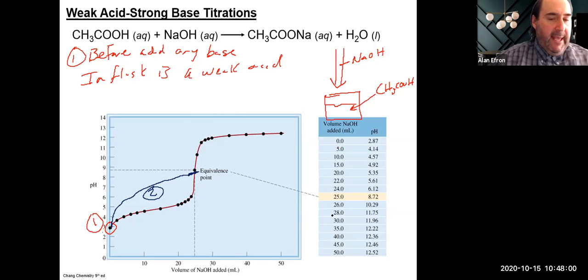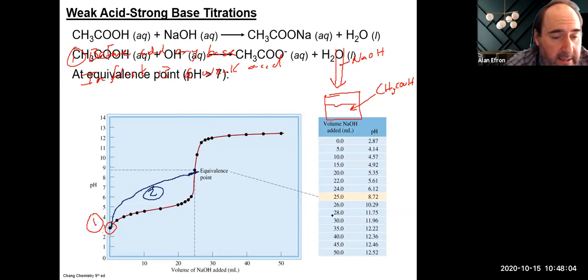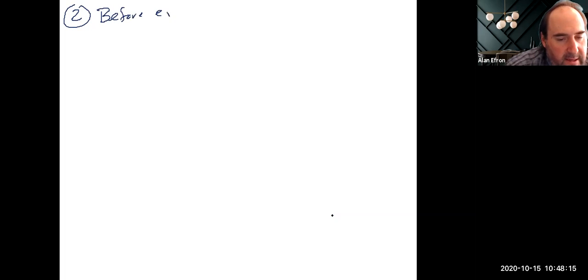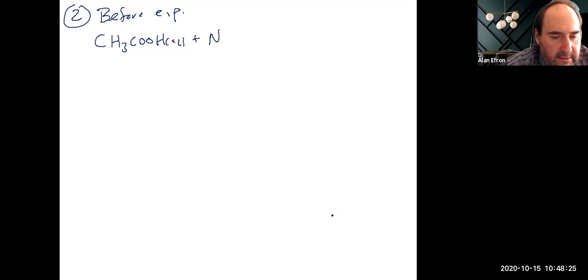So it is going to require you to do a calculation. At step number 2 in this type of titration, which is before the equivalence point, it again is going to require an ICE table. So if we look at our ICE table for this example, acetic acid plus some sodium hydroxide, going to get us there.